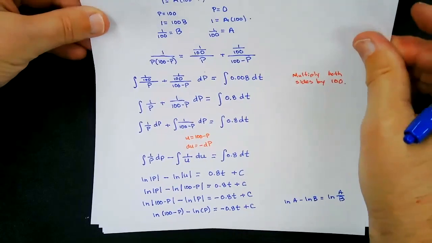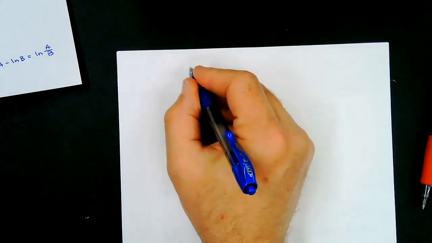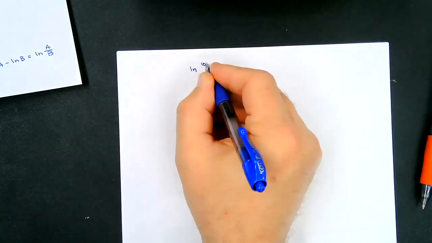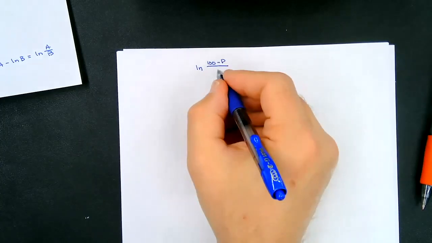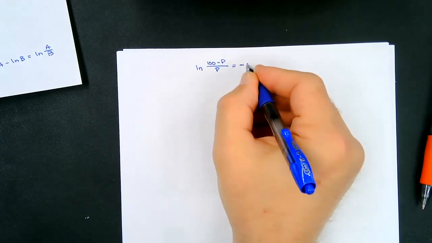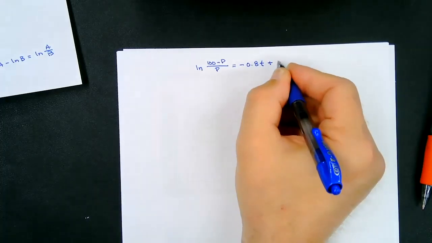All right, so I'm going to go to my next page. So we now know from that last page that the natural log of 100 minus p over p is equivalent to negative 0.8 times t plus some constant c.